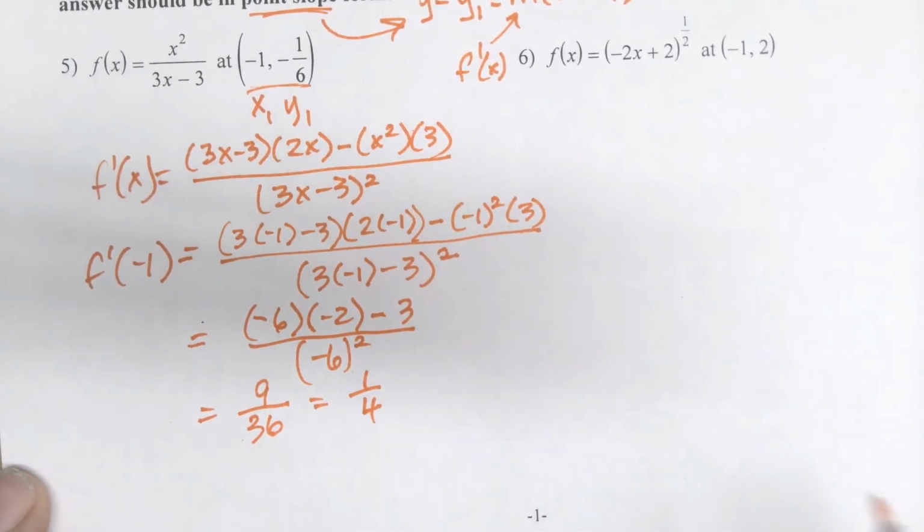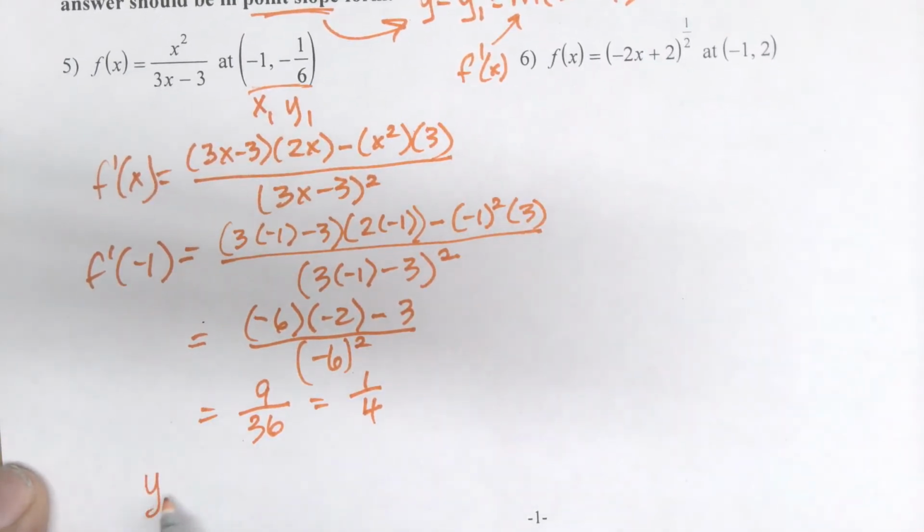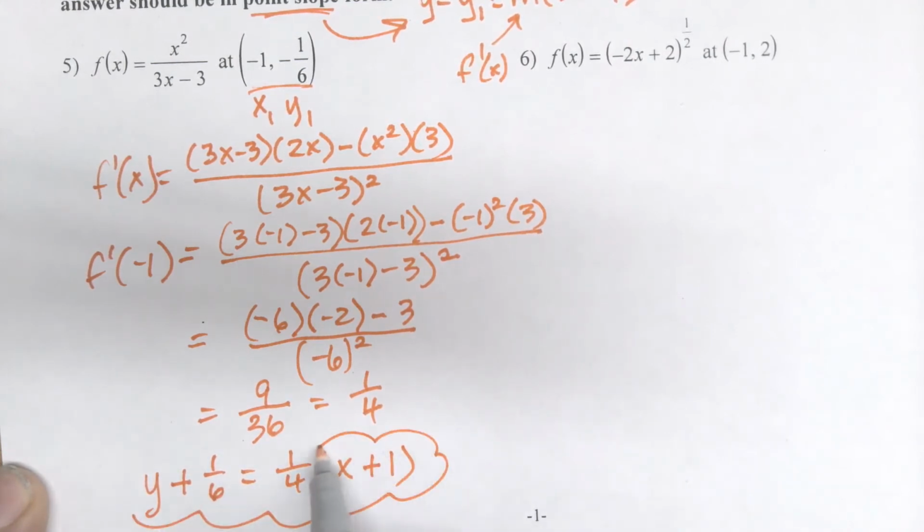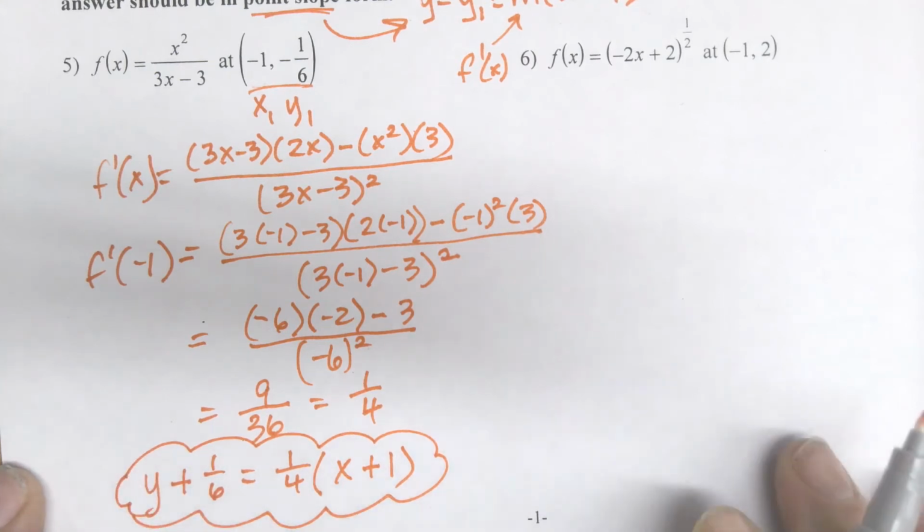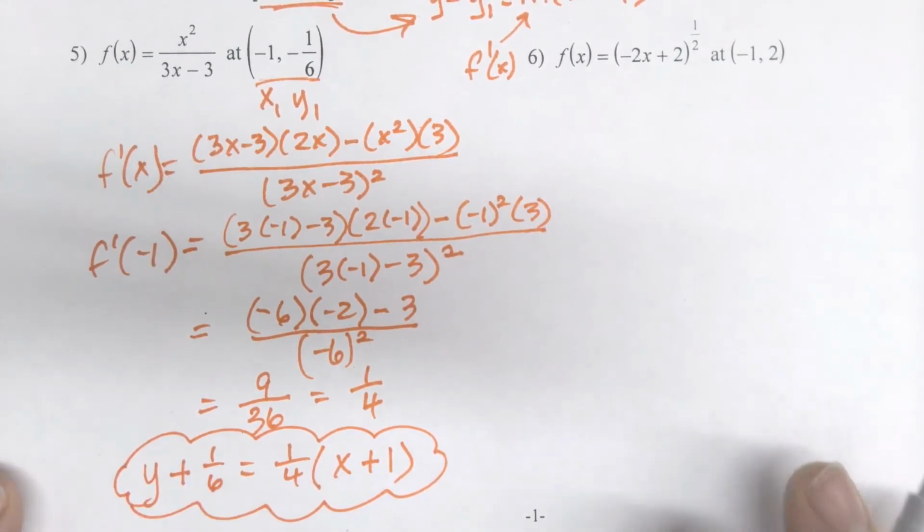So I'll go ahead and put it all together. y minus negative 1/6 is equal to the slope times x minus negative 1. And that's it. So no manipulating, no moving around, no getting it into slope-intercept form. I can just leave it in point-slope form.